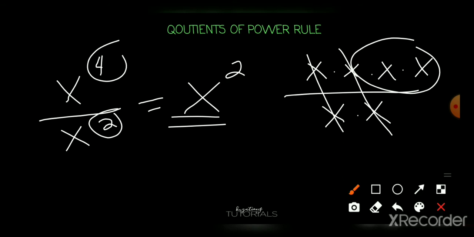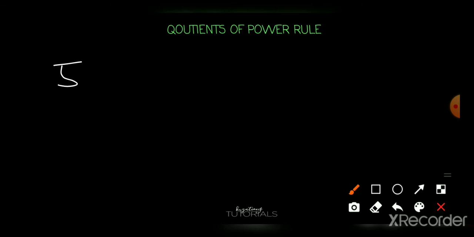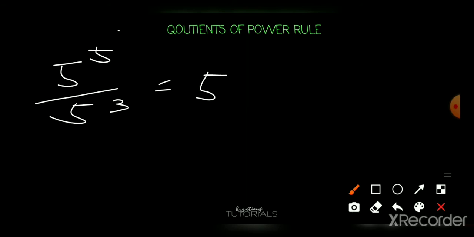Okay, now let's do it with numerical coefficients. Let's have 5 to the power of 5 divided by 5 to the power of 3. Copy 5, then subtract: 5 minus 3 is 2.